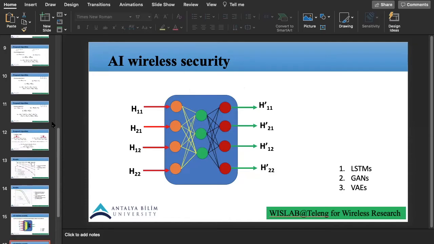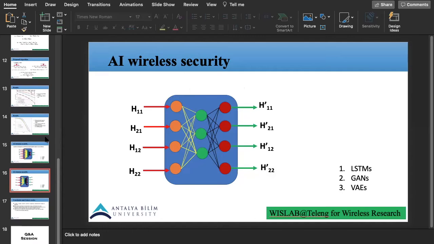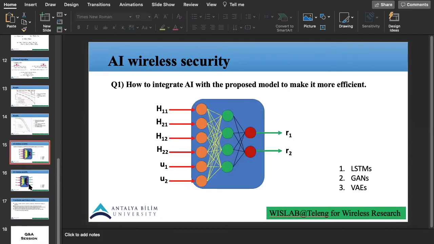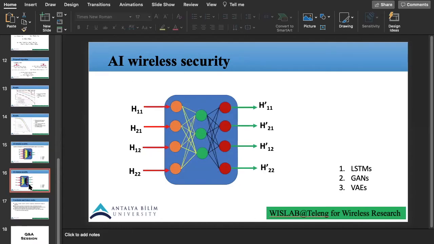Okay. This is just the start. Well, thank you for the presentation, and I believe you can talk to them about the details of the neural networks and the details of these algorithms.